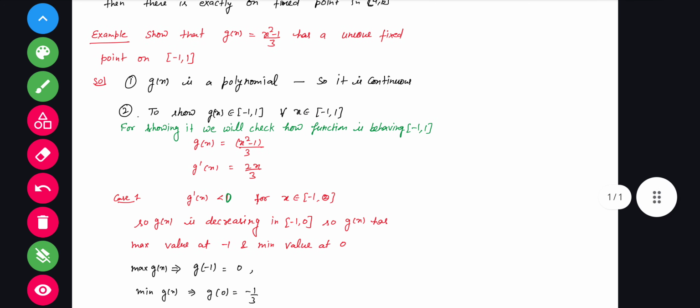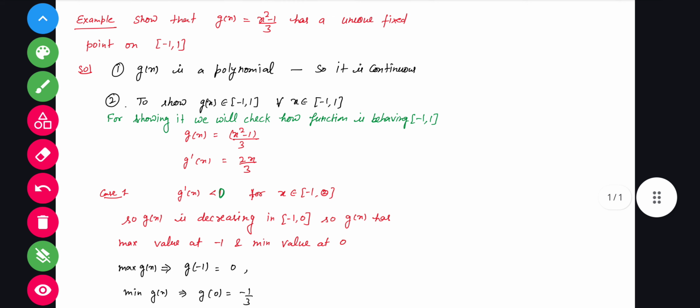Now we can see that g of x equal to x square minus 3 has a unique fixed point on minus 1 comma 1. Continuity is proved itself because it is a polynomial. Then we must prove that g of x belongs to minus 1 to 1. For that we can find the maximum and minimum values using the first derivative.